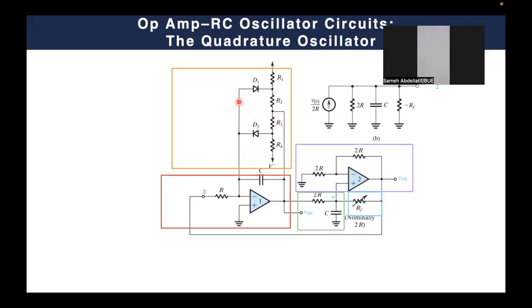But let's consider the case when this D1 is a short circuit. When D1 is a short circuit, that means you add a resistance called R2 parallel to this capacitor C. So you have R2 and C here, and that slightly changes the performance or the gain of your amplifier.